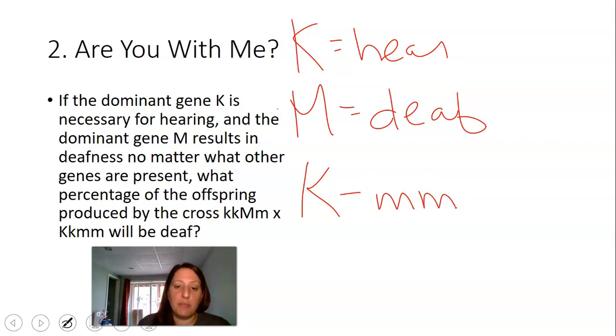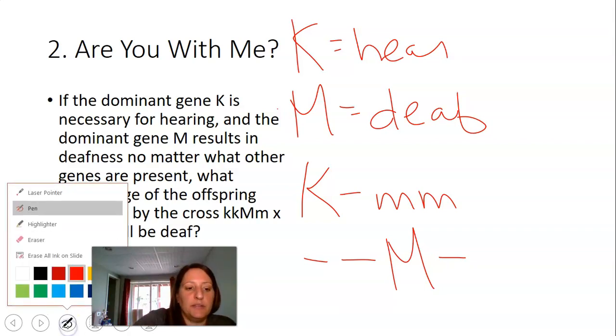So it could be big K, big K or big K, little k, but it has to be little m in order to have hearing. Any individual that has the genotype dash, big M, dash, is going to be deaf. Doesn't matter what's there for the K gene or the second M allele, that dominant big M is going to cause deafness.